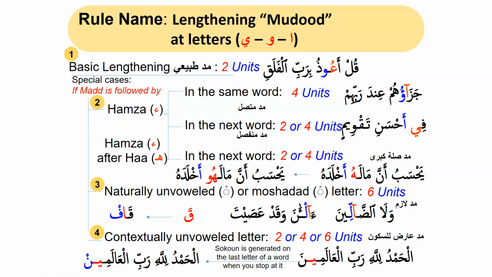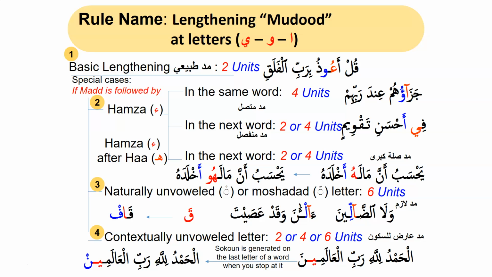We have the two conditions fulfilled: the ya is coming second, preceded by a letter carrying a compatible vowel. So at least we have mad tabi'i here, unless we have hamza or sukun coming after. Let's not look at the hamza here for now. So it's at least fi, 2 units of time, okay?